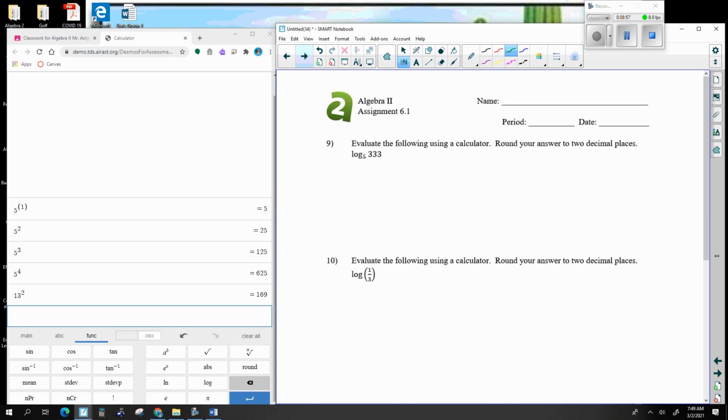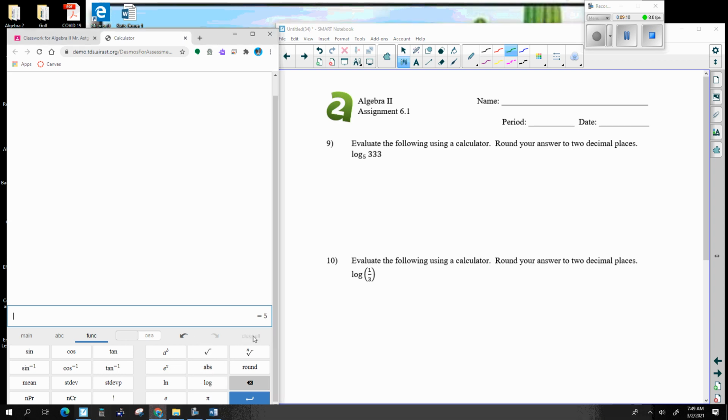Okay, here they want us to use a calculator. Now, the problem is when I use this log in this calculator, it brings in a log and you get to put in a number like 333, for instance. But the problem is it doesn't allow you to give it a base.